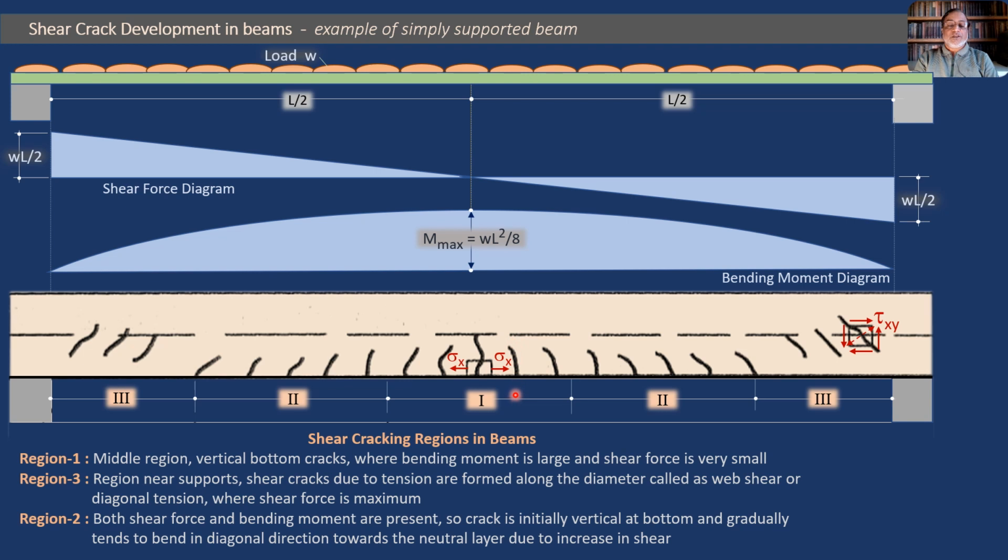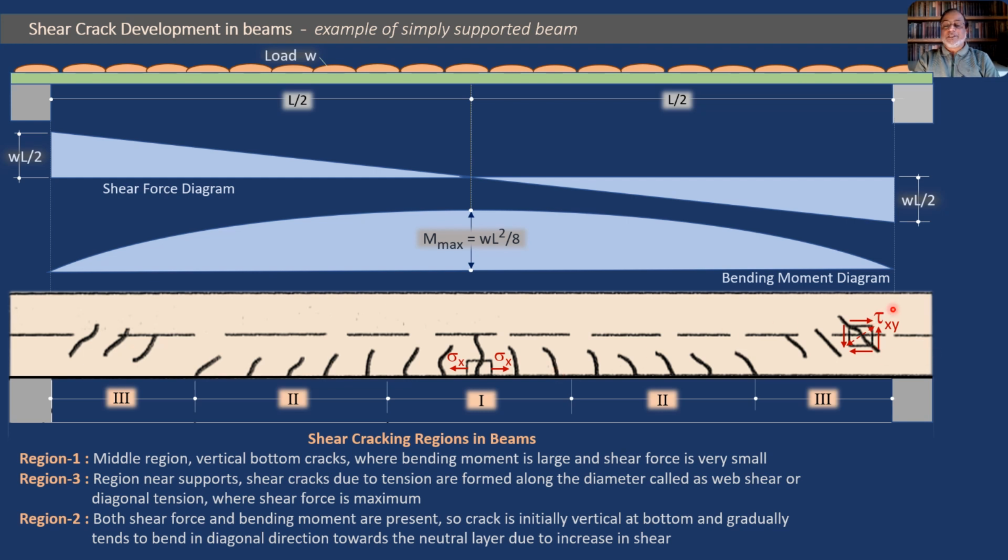So at this section, the beam is subjected to only tensile stresses, and these tensile stresses are the flexural or normal tensile stresses. So due to that you find this particular crack which has started as a vertical crack. This vertical crack indicates that it is a flexural crack, or a crack due to bending.